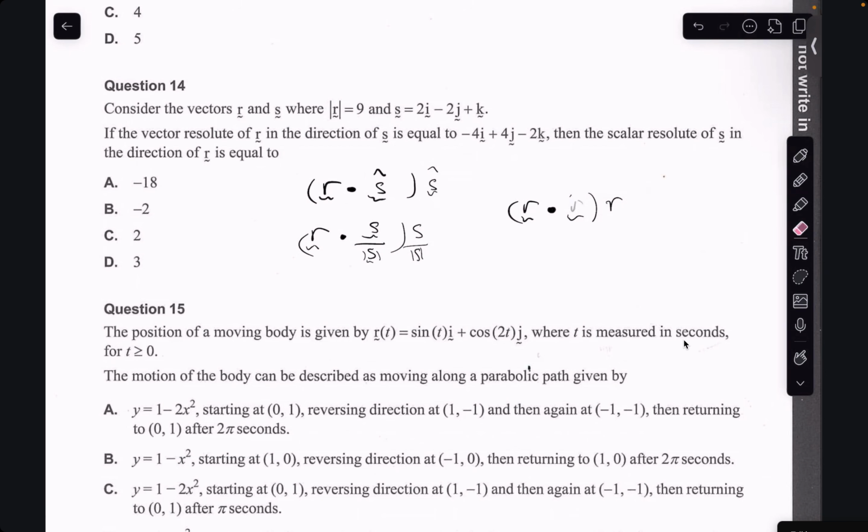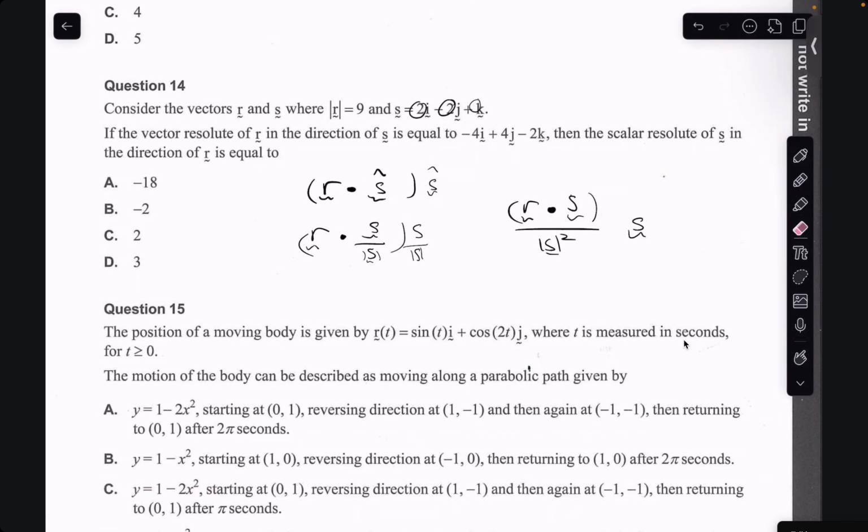Okay, so it's going to be r dot s over the magnitude of s squared, and then times by s. And that's okay. So what is that? So 4 plus 4 is 8 plus 1 is 9.